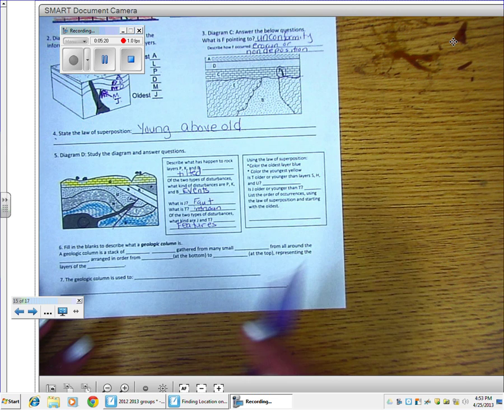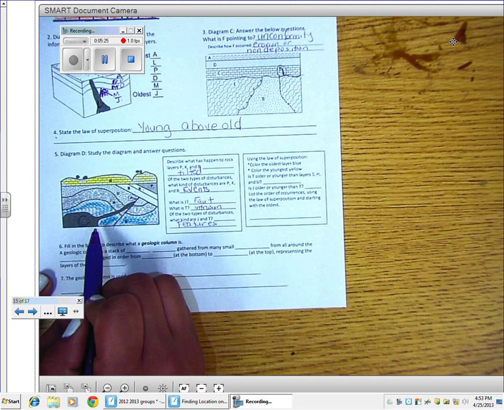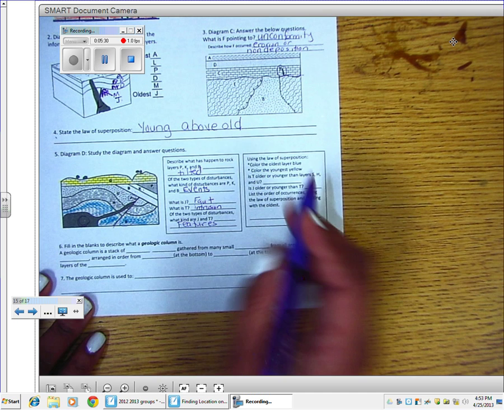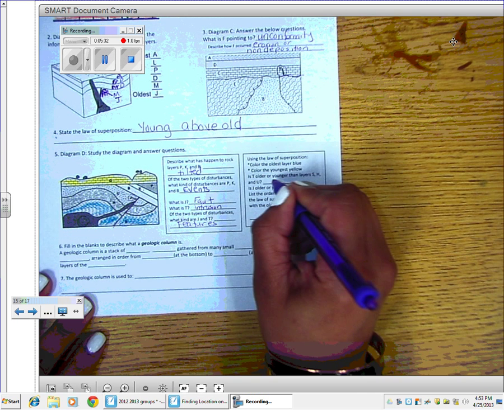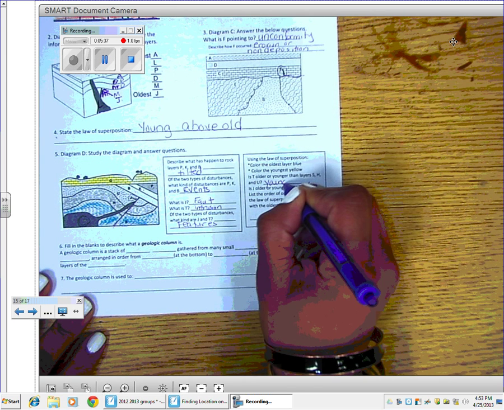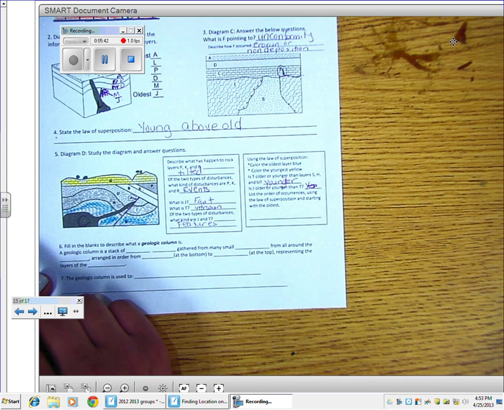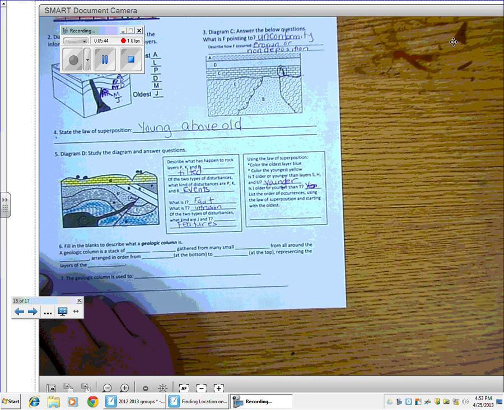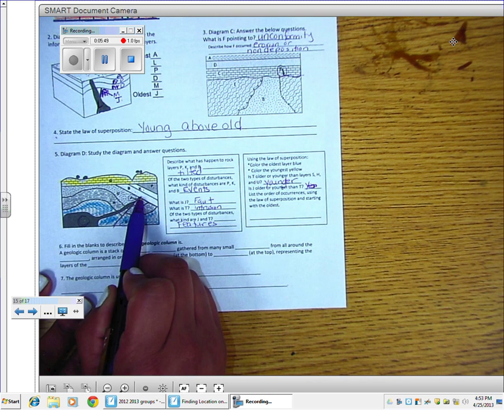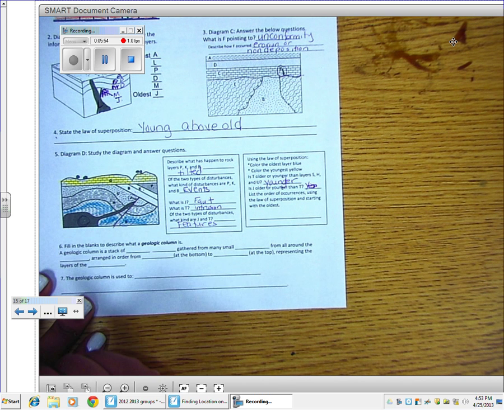Is T older or younger than the layers S, H, and U? Here's T. Is it older or younger than S, H, and U? It is younger, because it affected S, H, and U. Is J older or younger than T?